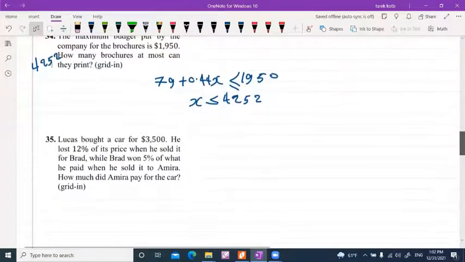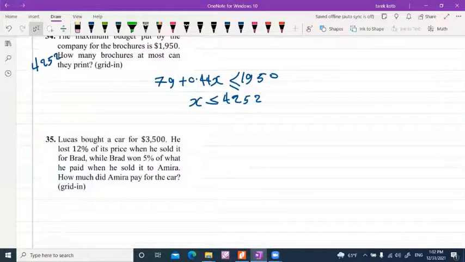Lucas bought a car for 3,500. He lost 12% of its price when he sold it to Brad, while Brad won 5% of what he paid when he sold it to Amira. Okay, how much did Amira pay for the car?